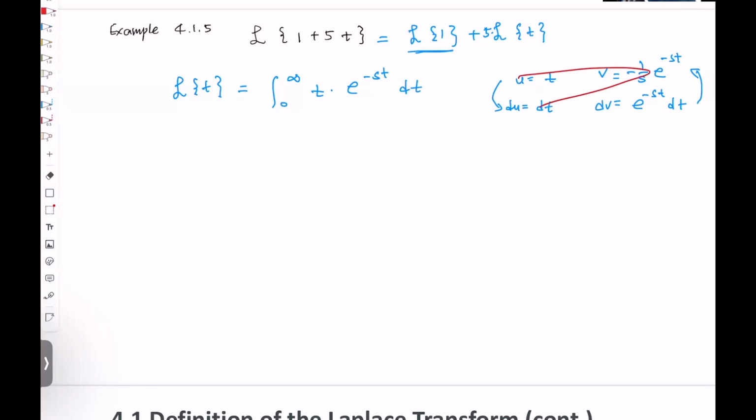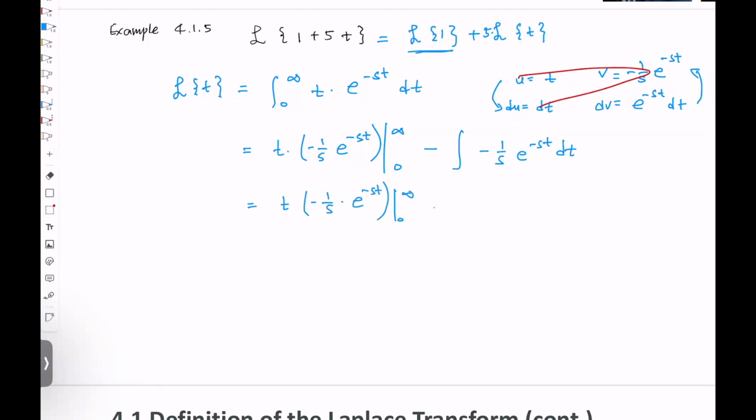Then we multiply this, which equals uv: t times negative 1 over s, e to the negative st, from 0 to infinity, minus the integral of v du, negative 1 over s, e to the negative st dt. Just copy one more time: t times negative 1 over s times e to the negative st, from 0 to infinity, plus 1 over s, negative 1 over s, e to the negative st, from 0 to infinity.